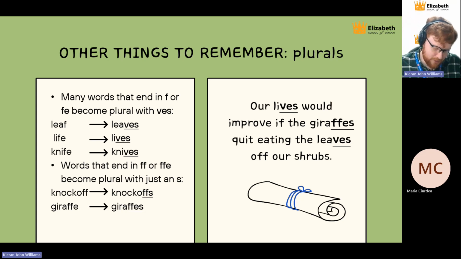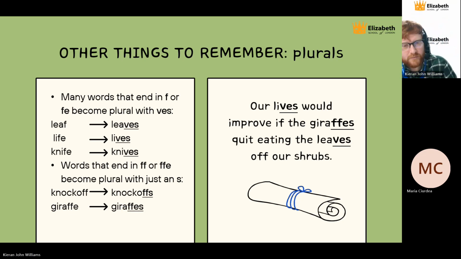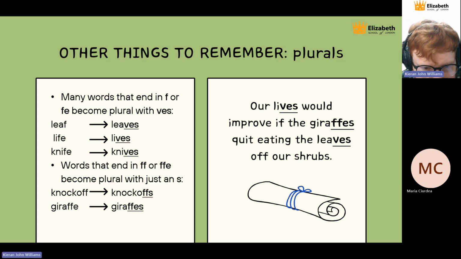They are more obscure, these ones. So let's go through the example then. So we've got lives. This has gone from life, which ends in FE. So we remove the FE and we add VES. Nice. We've got giraffes. So giraffe ends in FFE, so we only need to add an S to it.